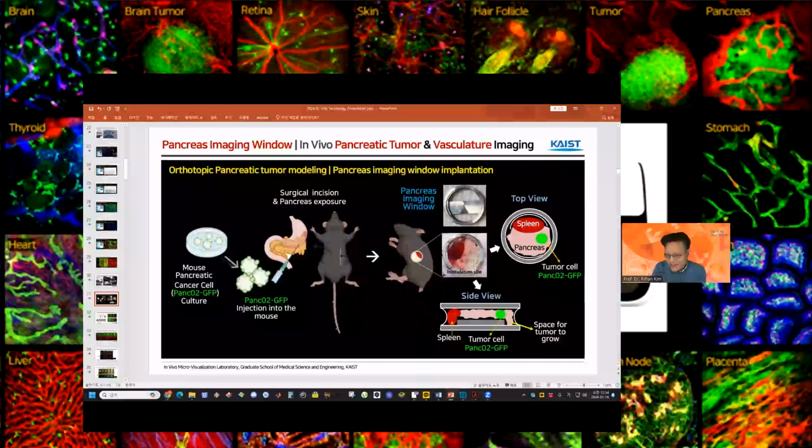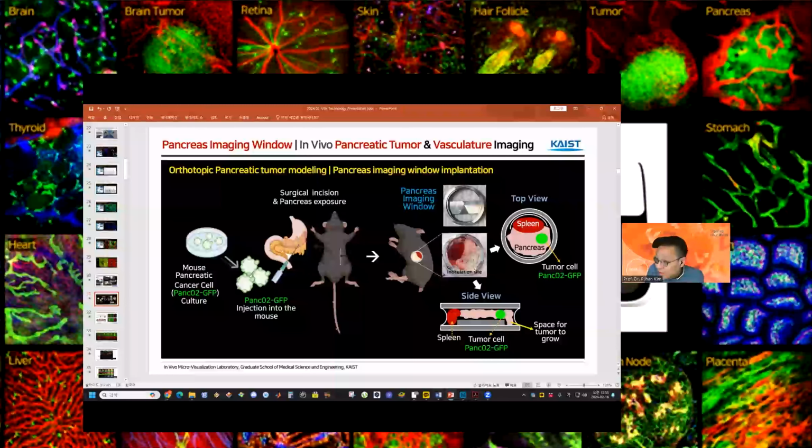But in vivo, either we need a reporter mouse, like a GFP or RFP expressing reporter mouse, or we can use antibody to label the specific cell types. I showed you several antibody examples like intravital anti-lysosome antibody or anti-CD31 antibody. It works very nicely, but not every antibody works in vivo. So that's an obvious limitation when we do in vivo imaging.